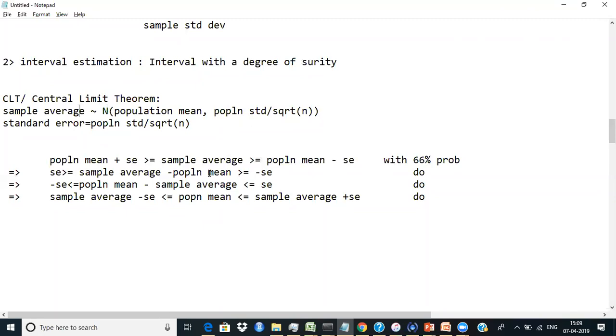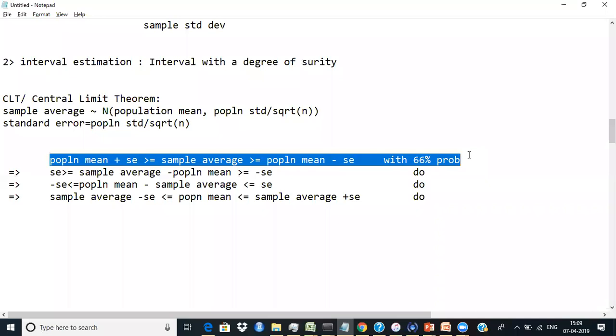Now, if that is true, can I say that this statement is true? Because remember, yesterday we talked about between mean plus minus one standard deviation, there is 66% probability. I have just written that same line in a different way.